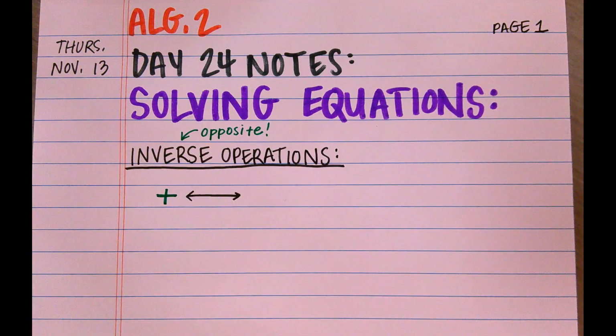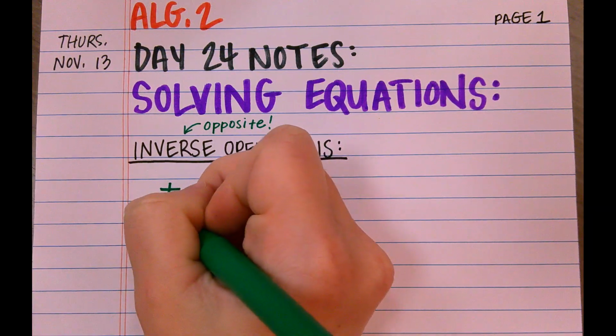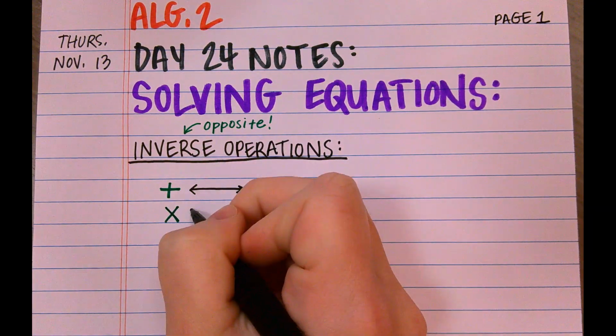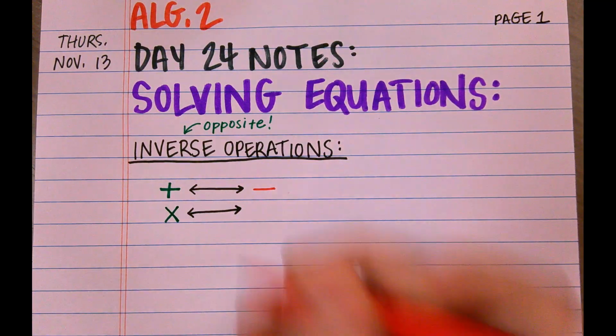So we know the opposite of addition is subtraction. The next thing we have is multiplication. What's the opposite of that? Division. Yeah, division. Good.